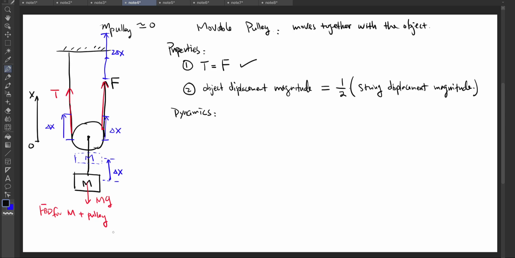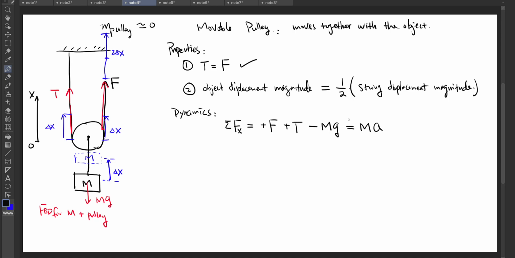Then if I write down the free body diagram for the whole system, the object plus the pulley, then I have net force equals positive F, positive T, minus capital Mg, and that equals Ma.